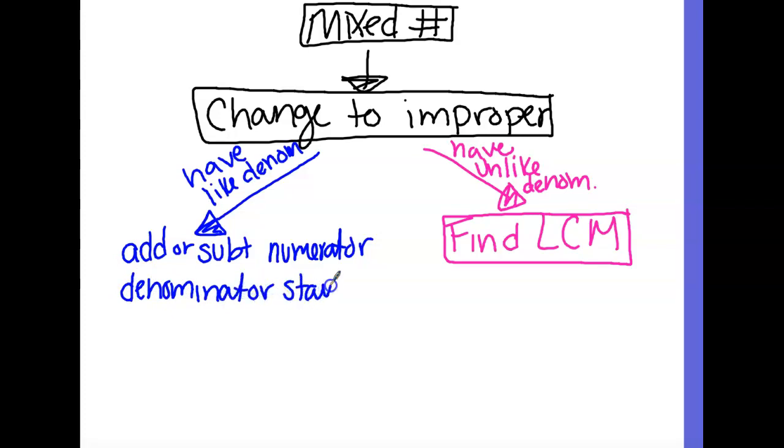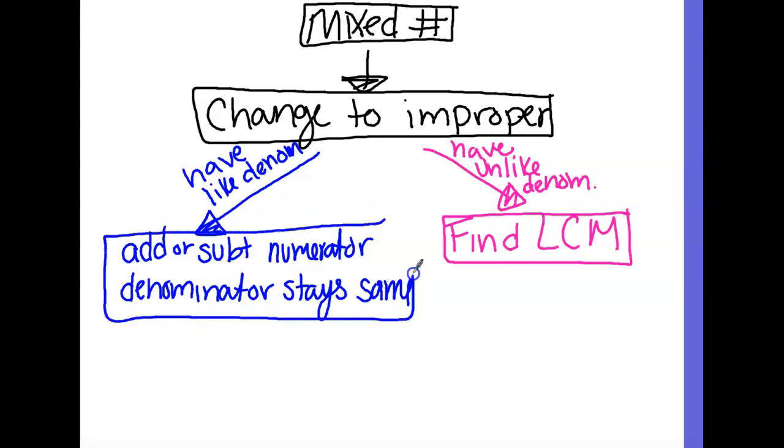I wrote add or subtract the numerator and then denom stays. So after you find the LCM, you would just add or subtract the numerator and the denominator is going to stay the same, which is the same as when you have like denominators.